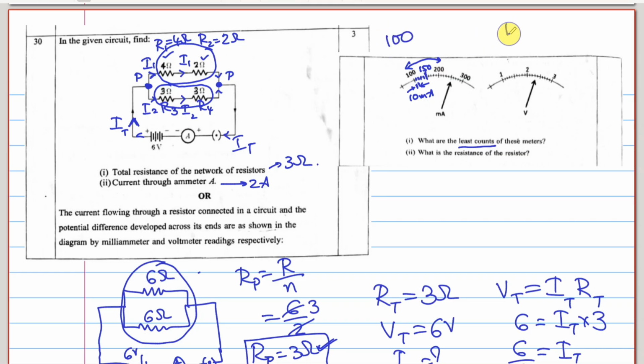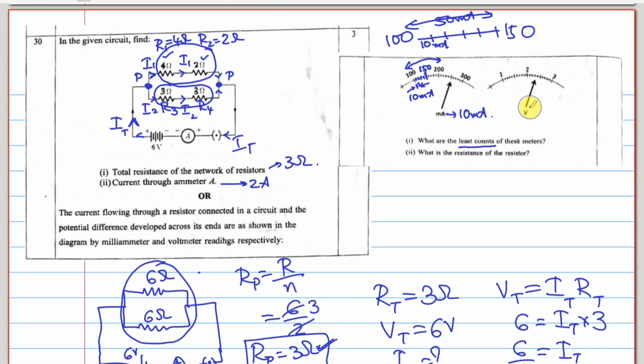So the total difference between these two is 50 milliamps, and this 50 milliamps will have to be divided into 5 equal parts. So each part will represent 10 milliamps. So least count of milliammeter will be 10 milliamps.